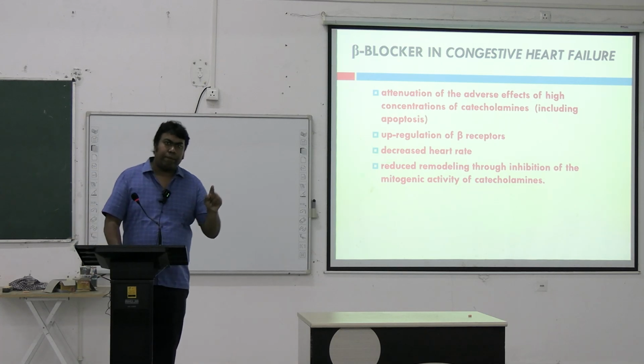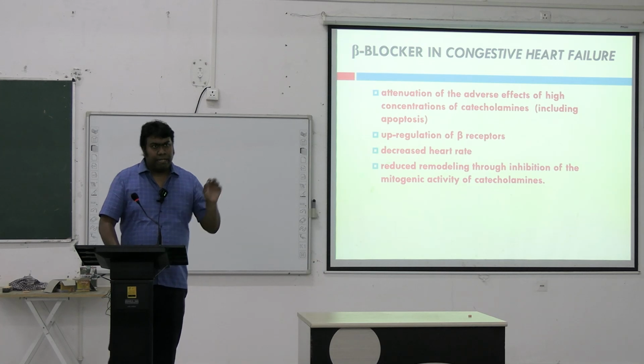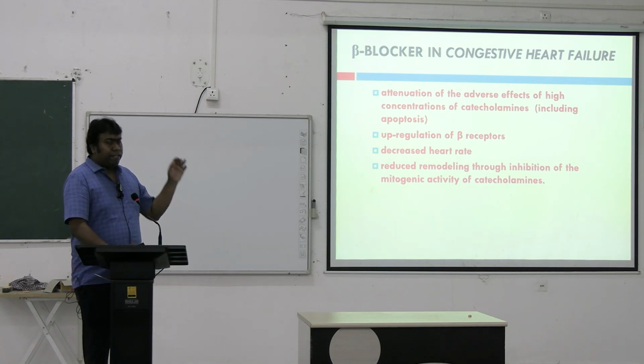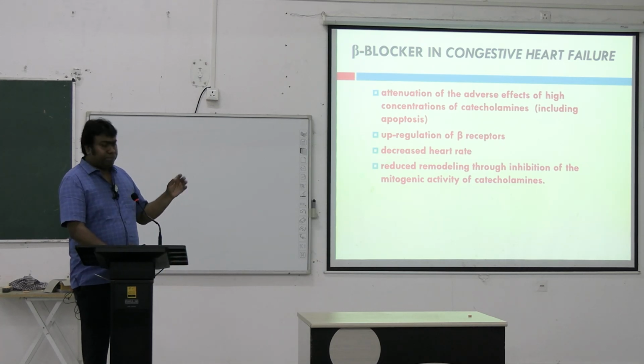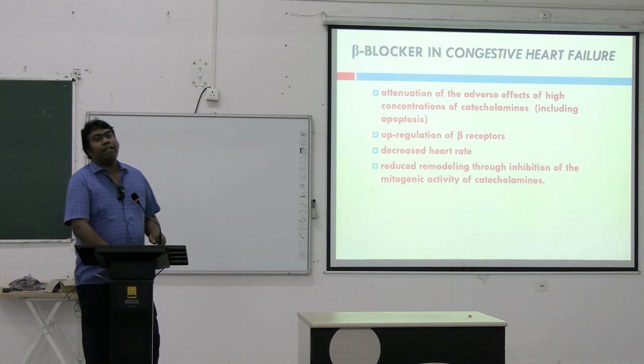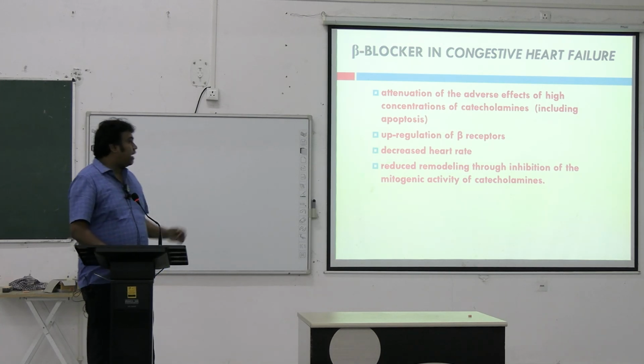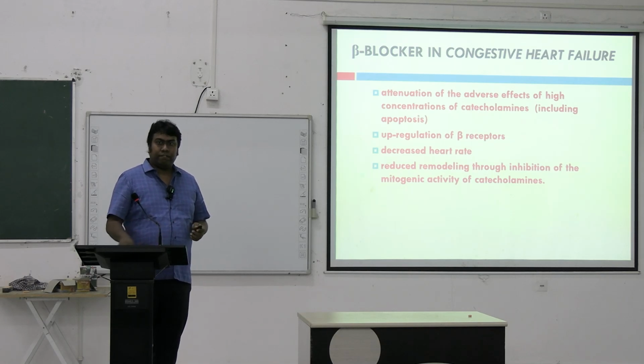First line ki likhte hobe, beta blocker is used in chronic heart failure, not in acute heart failure. It reduces heart rate, it causes beta receptor upregulation. There is a prevention of remodeling and they counteract the adverse effect of the high catecholamine state.